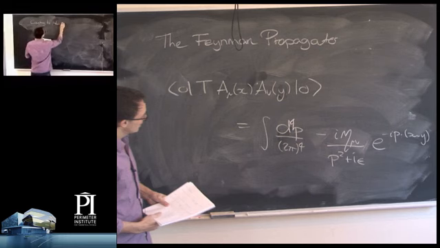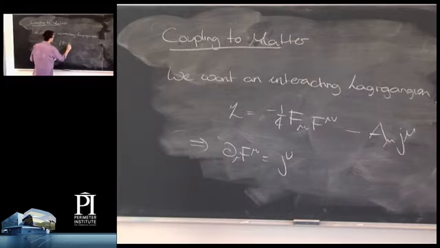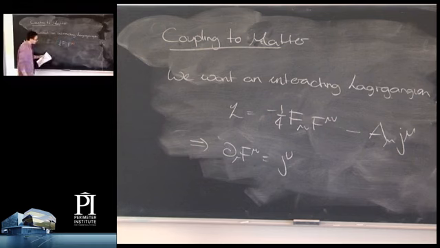We do coupling to matter in general. So we want an interacting Lagrangian. We start with Maxwell theory, and you know from electrodynamics what kind of interaction we want.